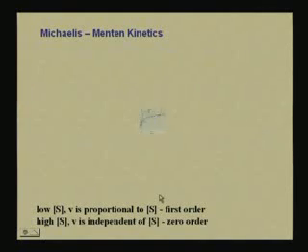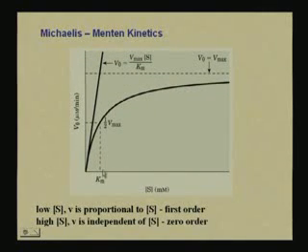Now, if we look at the overall expression that we have, from this expression we can get what is called a rectangular hyperbola that is going to eventually plot the V0. Why we call this the V0, I'll tell you in a moment. So, what we're doing is we're actually plotting a velocity versus a substrate concentration.